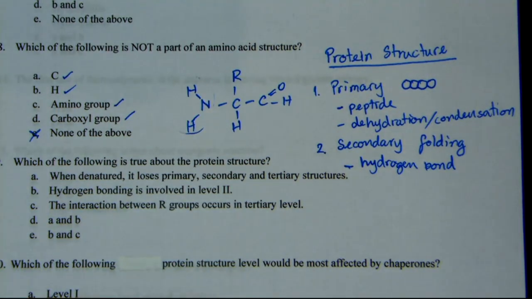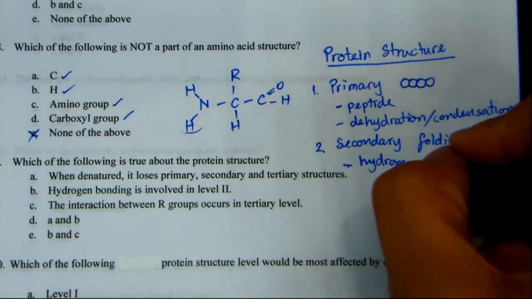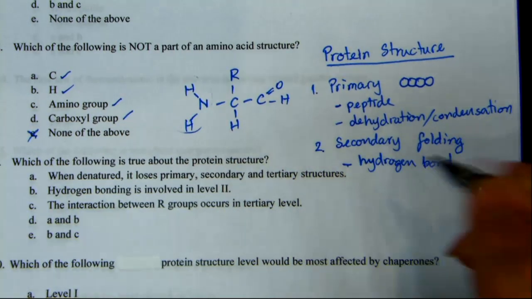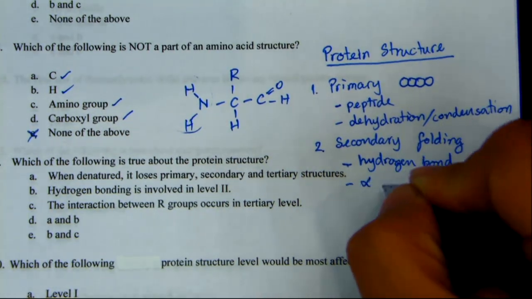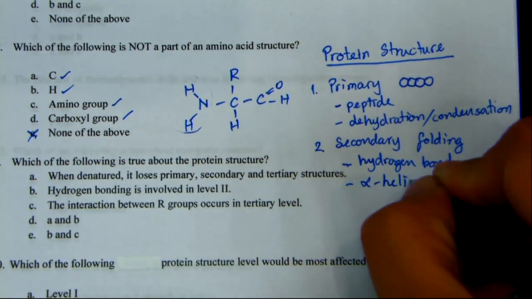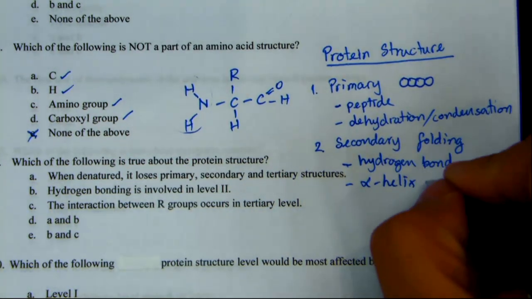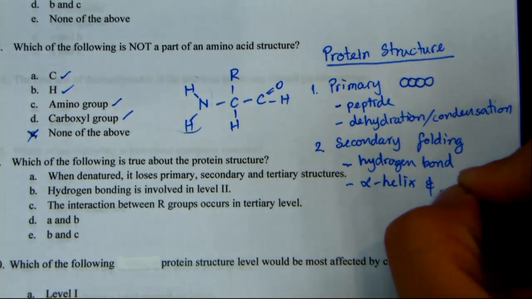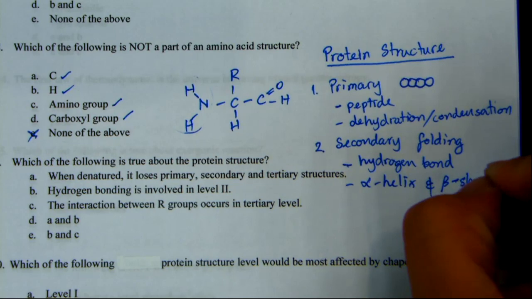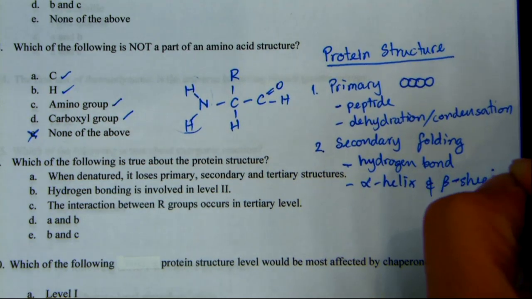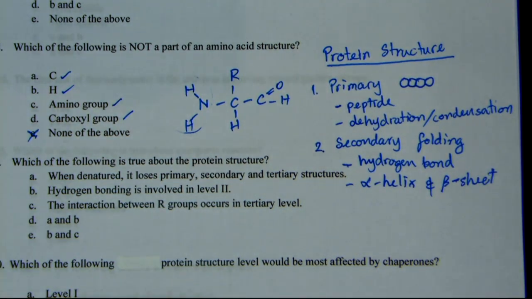Okay. So hydrogen bond, and what else that happened here? There's two types of how the secondary structure is formed. We have alpha helix, right? And beta sheet, right? So we have those two.